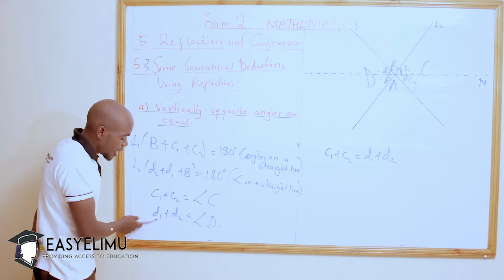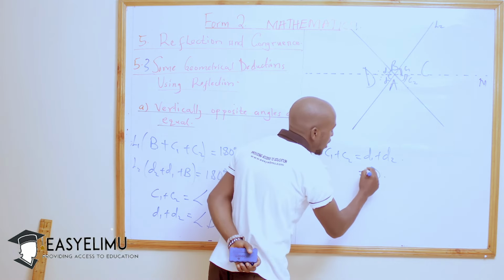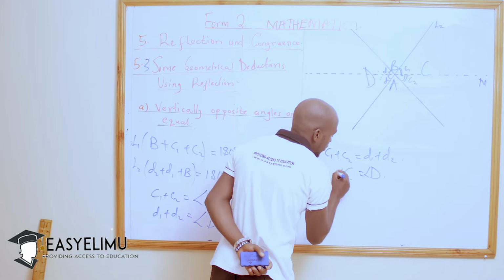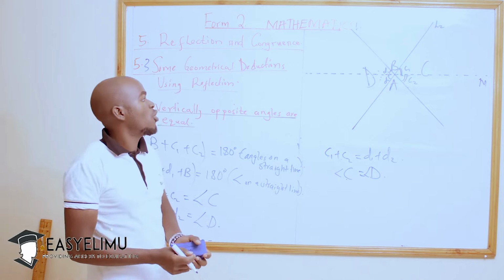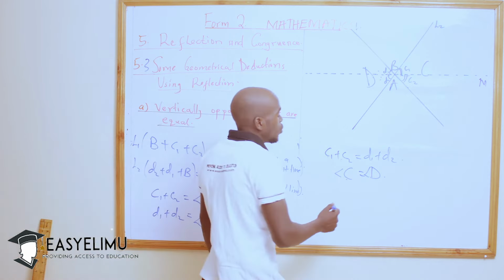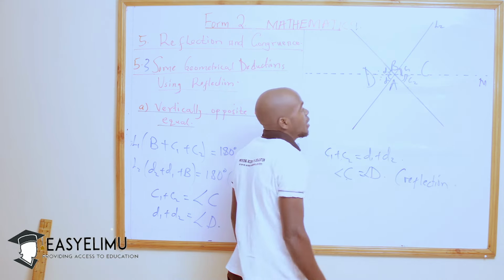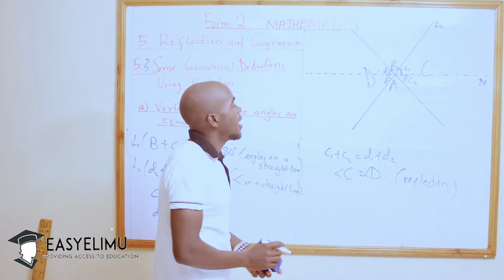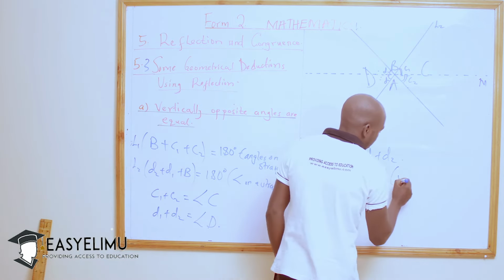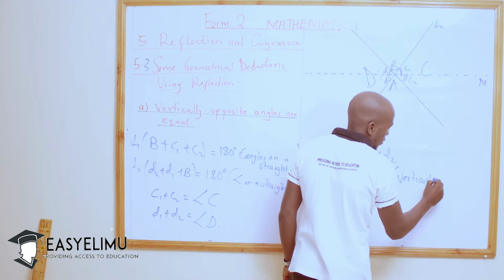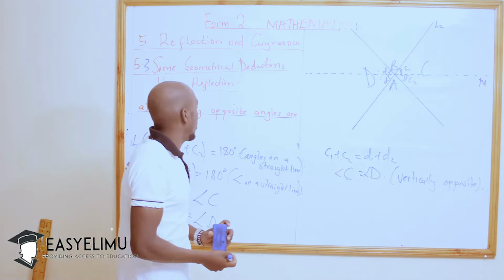And we have seen that if you take D1 plus D2, you're going to get angle D. So here we can replace this with angle D, and the same with this, it is angle C. So therefore, angle C is equal to angle D, and that one we have seen through reflection, which has been done by that mirror line. And these are vertically opposite angles. I think you understand how I deduced that information there.